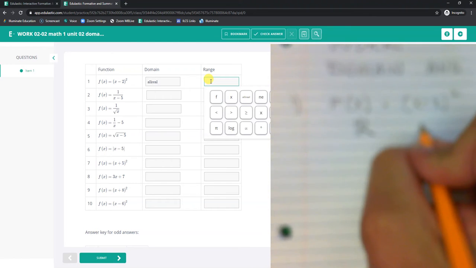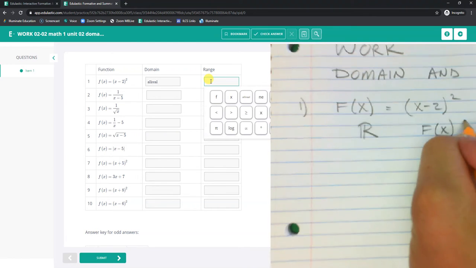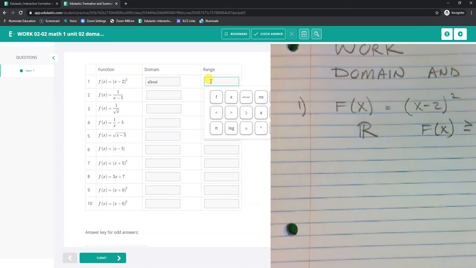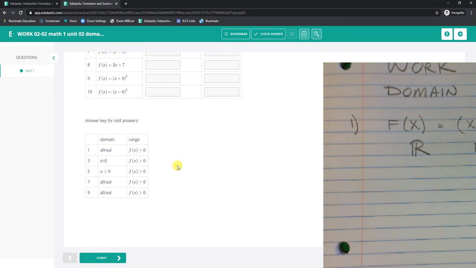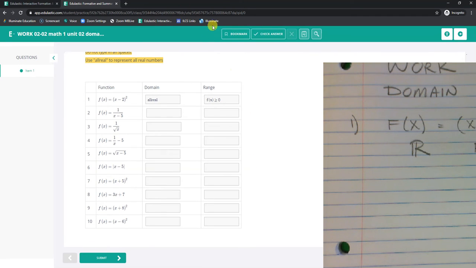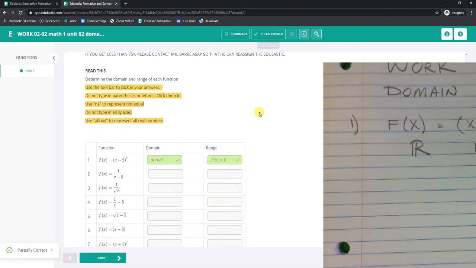So f of x is going to be greater than or equal to 0. So all reals and f of x is greater than or equal to 0. Let's check it using the answer checker. How did I do? Okay, it likes it.